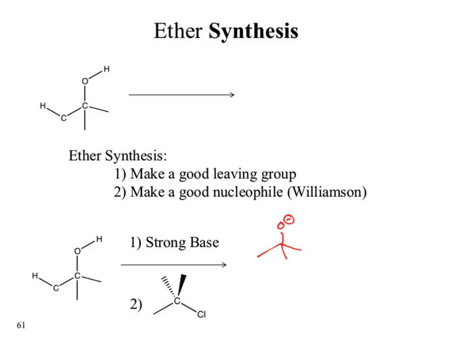Once I have a good nucleophile, what do I need to react it with? An electrophile. Ta-da! And I can throw in the halide functional group because the halide chemistry is only an electrophile. And I can get now a backside attack through an SN2 mechanism to make that ether.